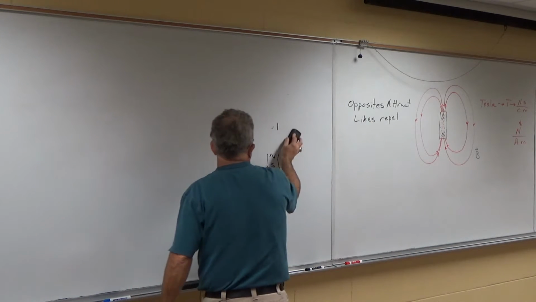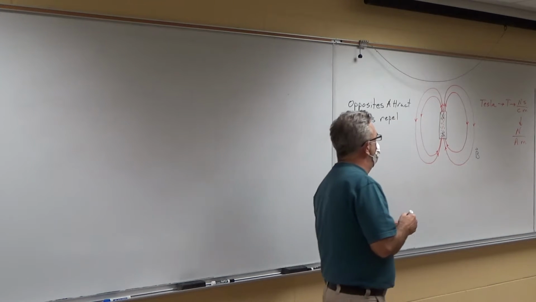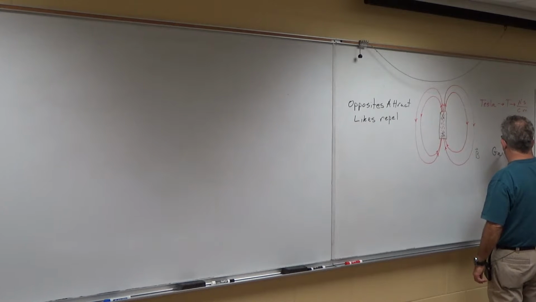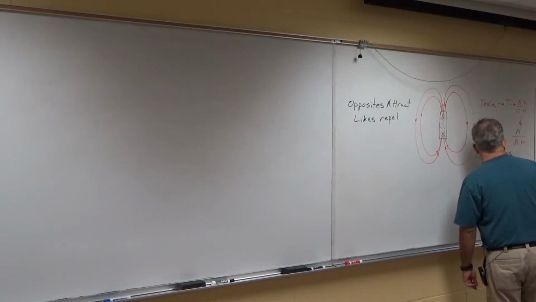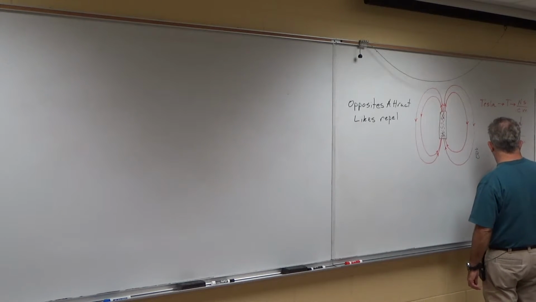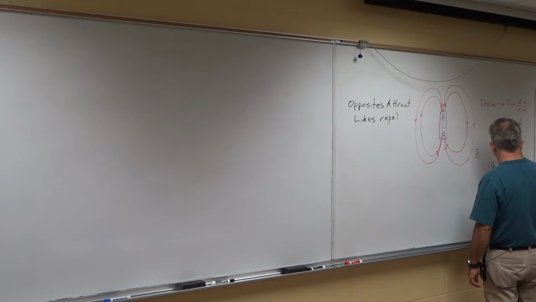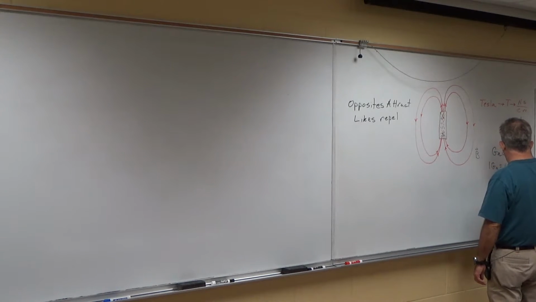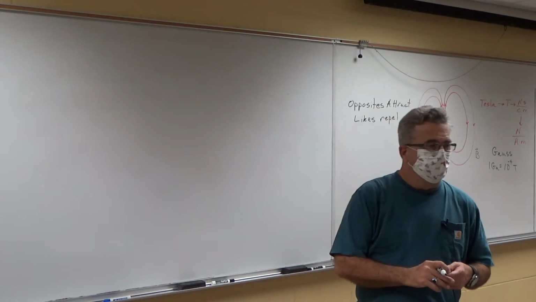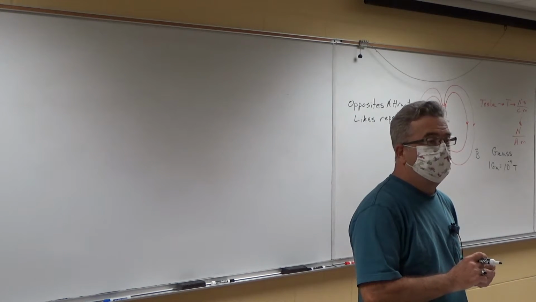There's another unit that's used pretty commonly, and that's called a Gauss, G-A-U-S-S, named after Gauss. 1 Gauss is equal to 10 to the negative 4 Tesla, so there are 10,000 Gauss per Tesla. A Tesla is a large field.